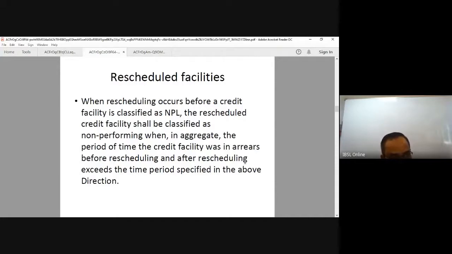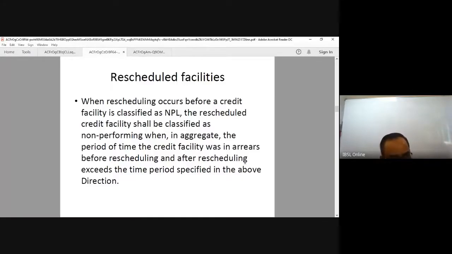Why? Because you restructured that loan facility since it was prone to not being paid. The customer was struggling to pay, he didn't have cash flow, and he may not pay. So you foresee that, and you restructure that.